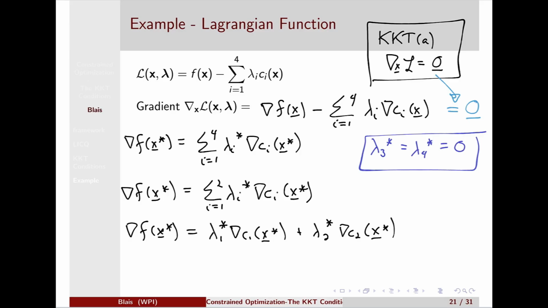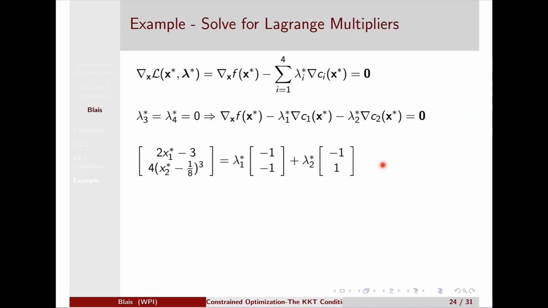We're getting this from the KKT condition A, and we're factoring in the information that we garnered from our solution guess and what it said in terms of complementarity about these two Lagrange multipliers. Putting this together, this is the equation that we had just written down before, and here we are plugging in. So here we have our gradient of f, lambda 1 star times the gradient of c1 at x star plus lambda 2 star times the gradient of c2 at x star.